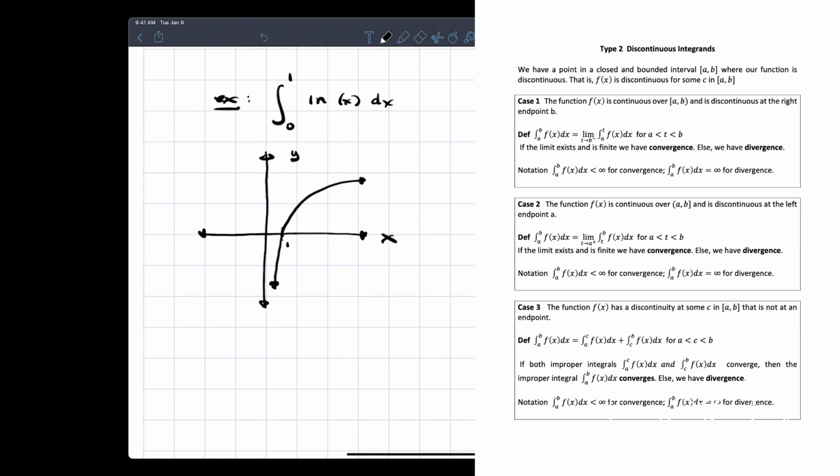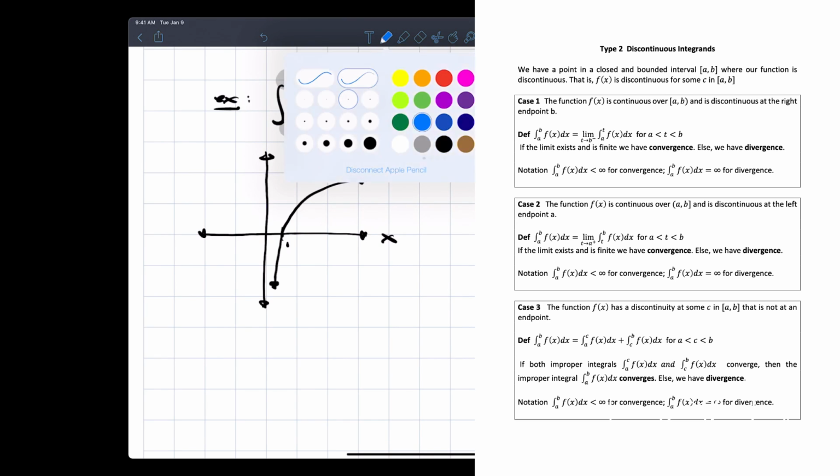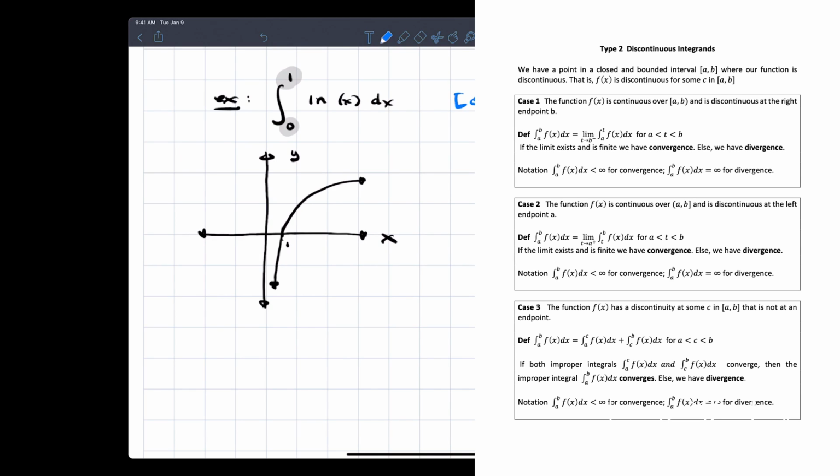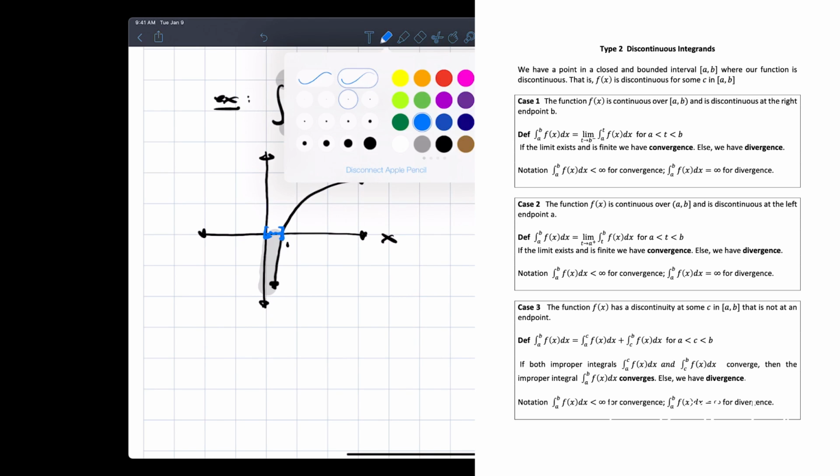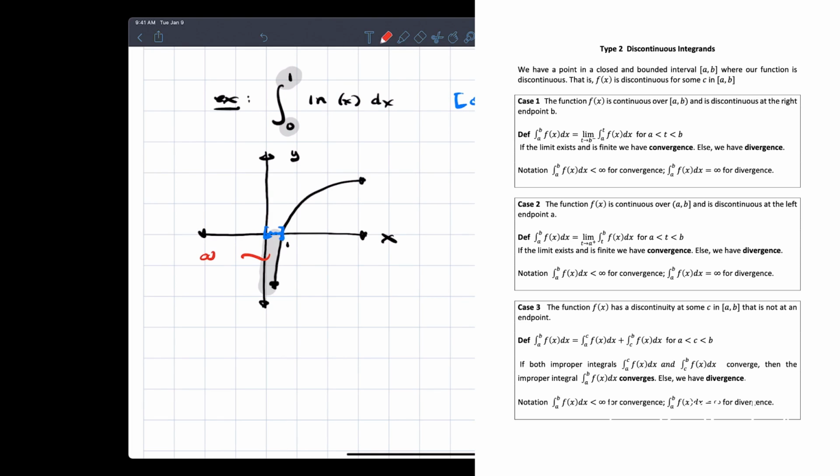What they're asking now, since we have 0 to 1, our interval in this picture is 0 to 1. So here's 0, here's 1. That's the interval, and they're going to say, what about this area here? Keep in mind the curve gets close to the y-axis. The question's going to be, is this area infinite or finite? That's what we're trying to answer.